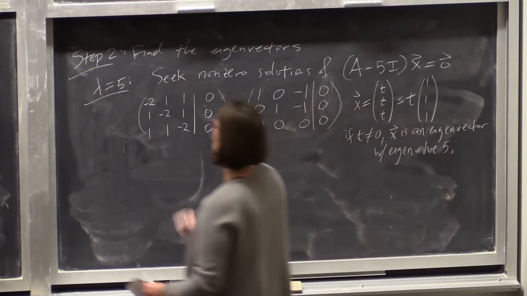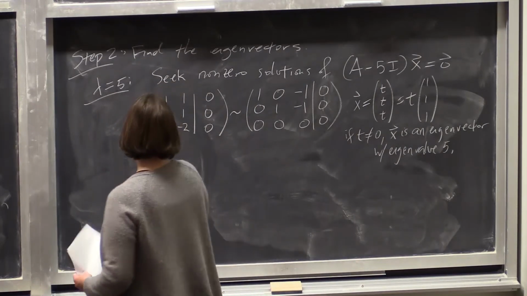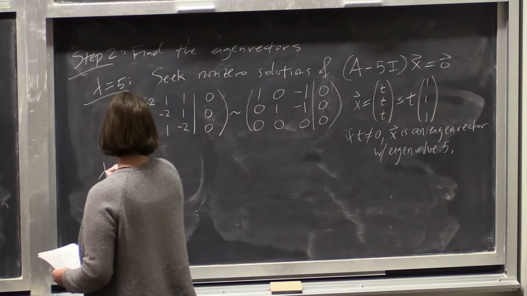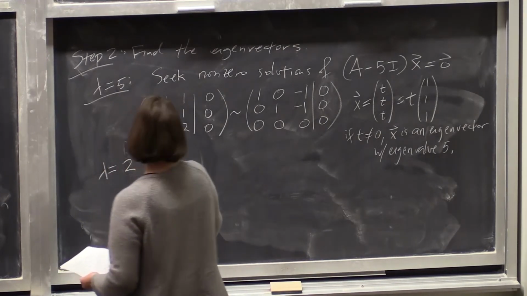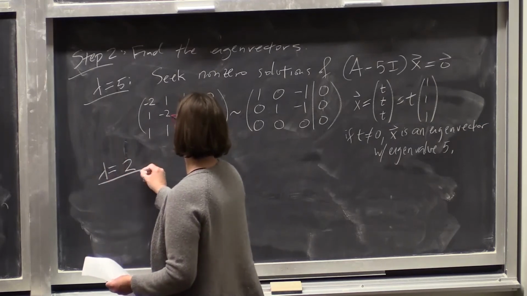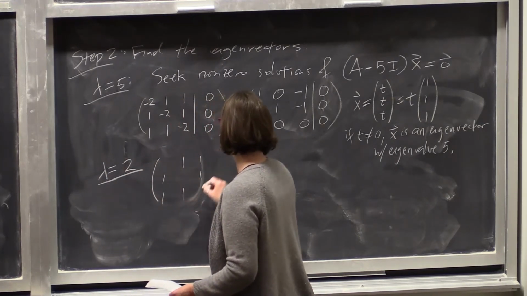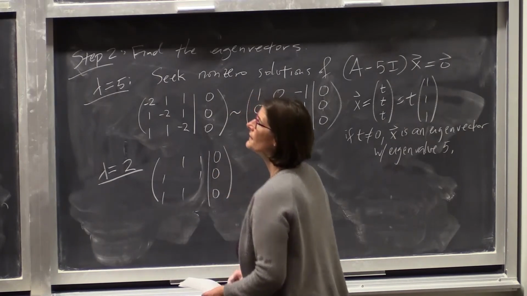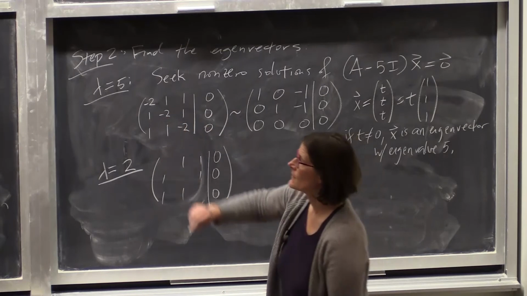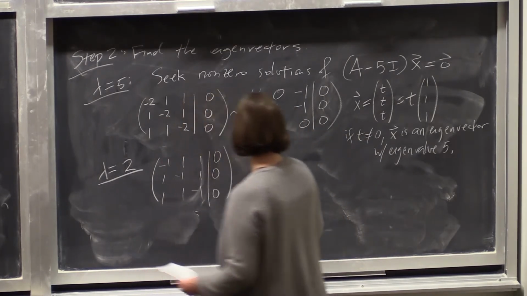Now, that was step 1. Step 2, and so step 2 was lambda is equal to 2. And here, my augmented matrix, first I copy over the non-diagonals. Now I subtract 2 off the diagonal, and I get minus 1, minus 1, minus 1.